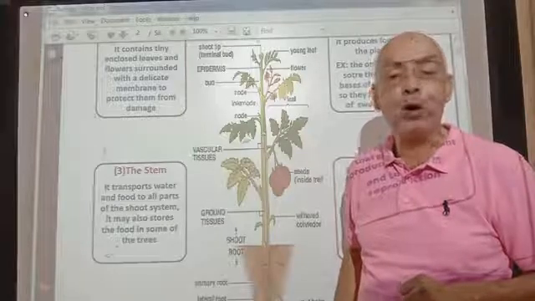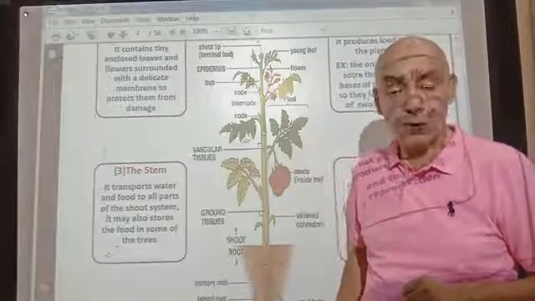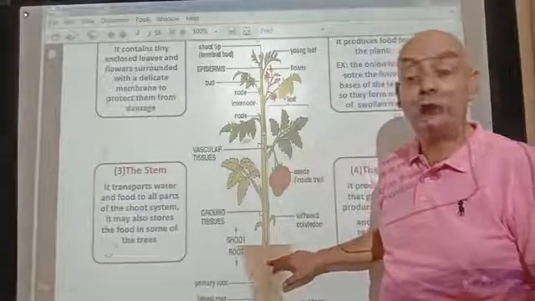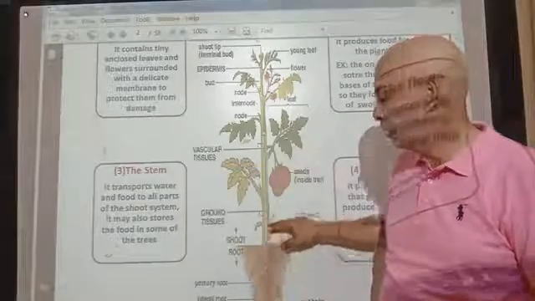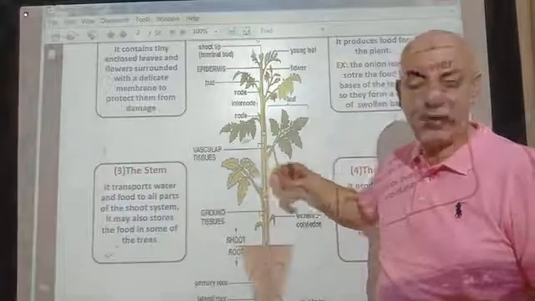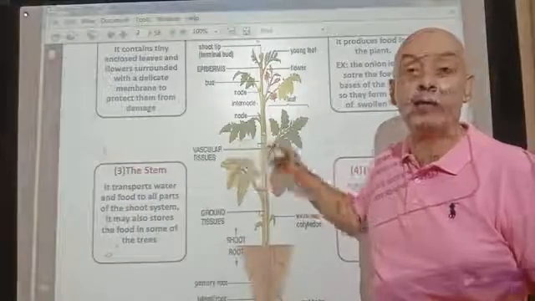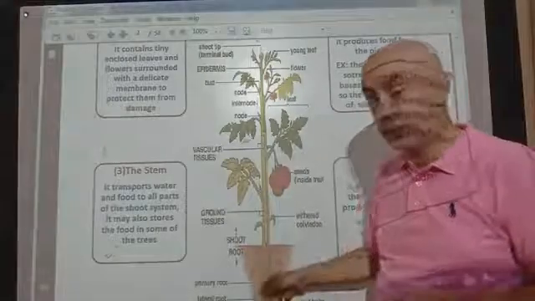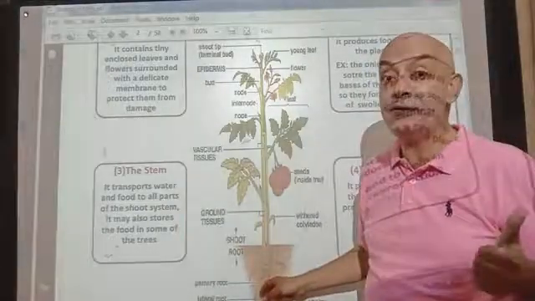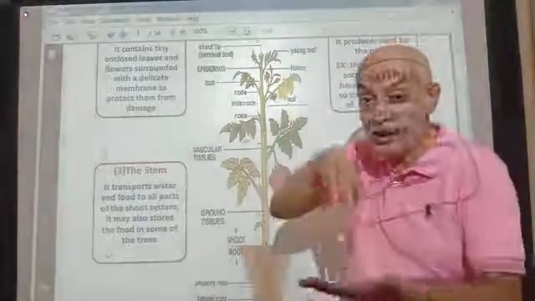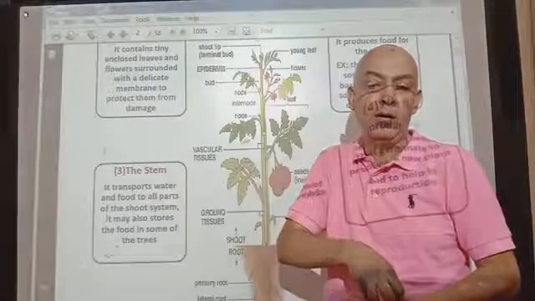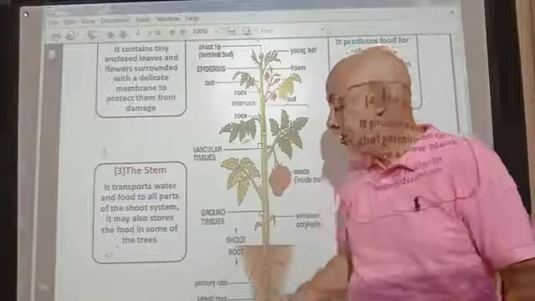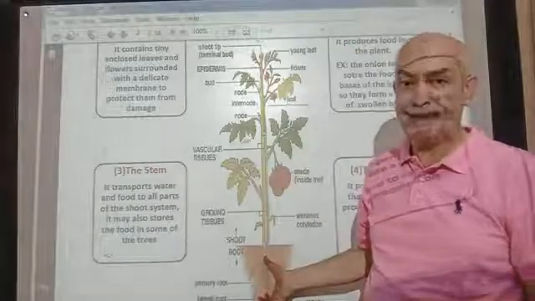Then transport water and minerals from the soil to the stem. The stem then distributes water and minerals to all parts of the plant. This is the first function of the root system. Also, the root system has a very important function, to fix the plant in the soil. The plant is fixed in the soil due to the presence of the root system.